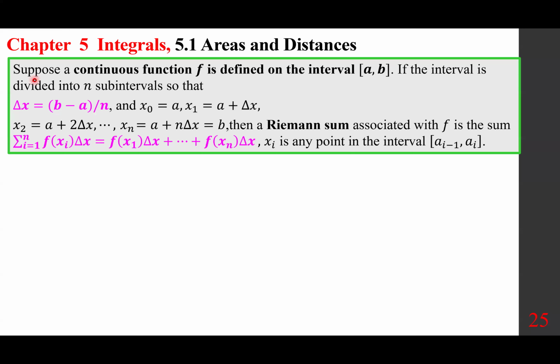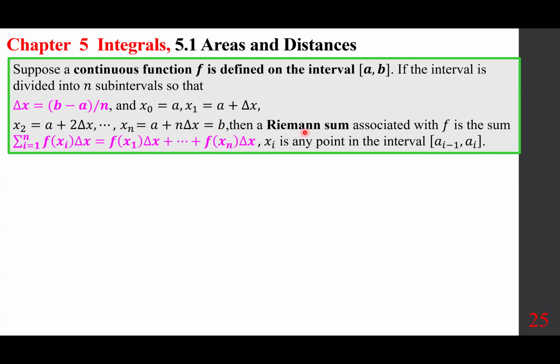Suppose a continuous function f is defined on the closed interval from a to b. If the interval is divided into n subintervals, so that delta x is (b minus a) over n, x sub 0 is a, and x sub 1 is a plus delta x, all the way to x sub n, or a plus n delta x, which is b.